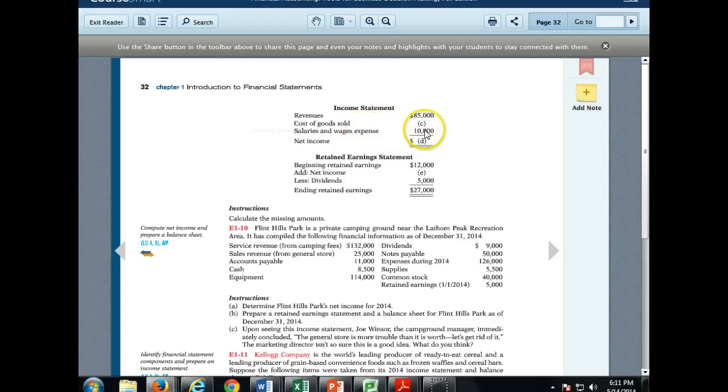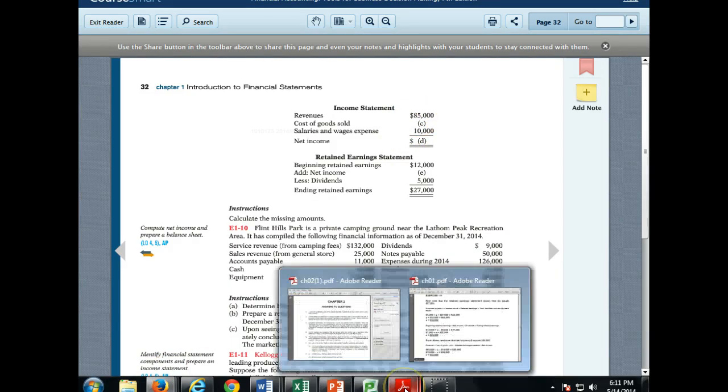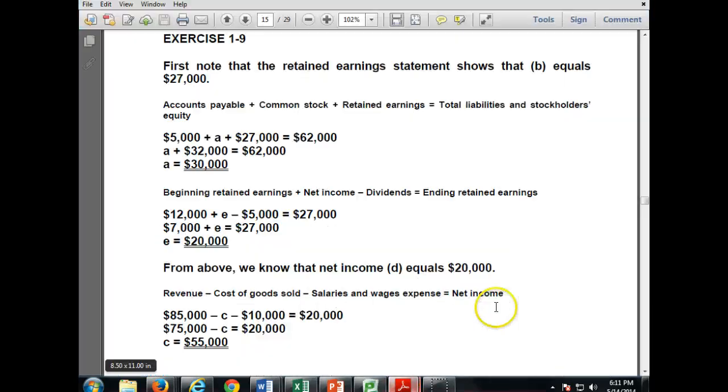And if our salaries and wages are 10, wouldn't our cost of goods sold need to be 55? Make sense? Nick, am I totally losing you? No, you're good. Okay. So we're filling in C by the fact that we know our net income here.